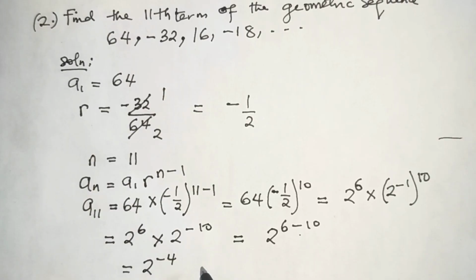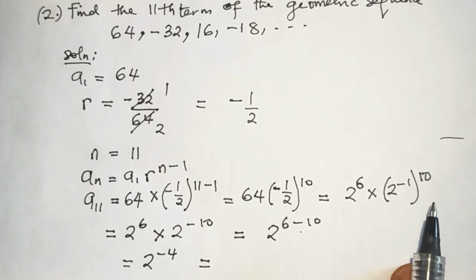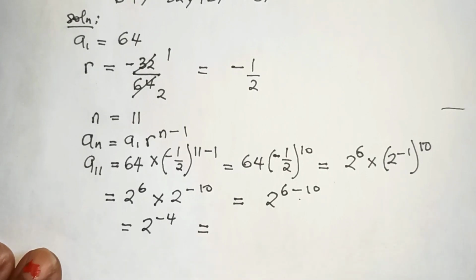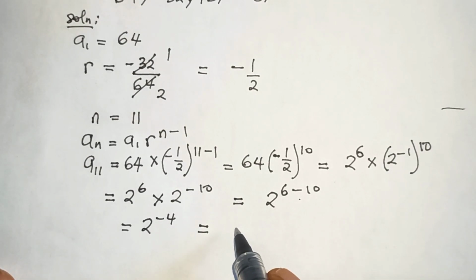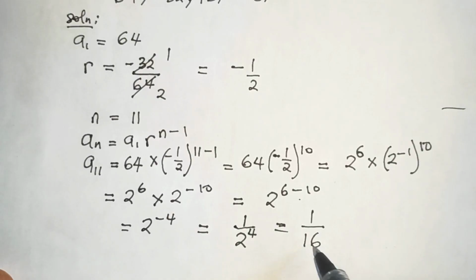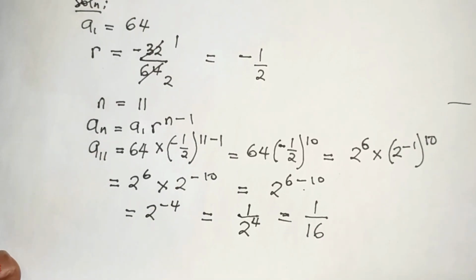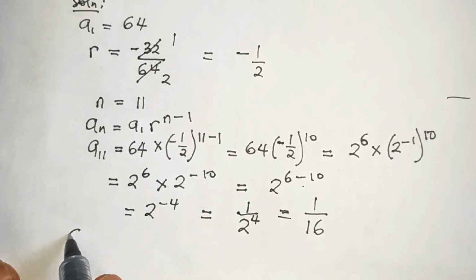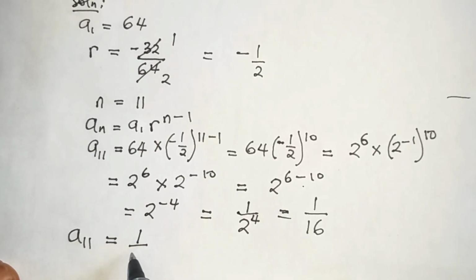Now if we write this as a fraction, we will have 1 over 2 raised to power 4. 1 over 2 raised to power 4 is 1 over 16. So this means that the 11th term, a11, is equal to 1 over 16.